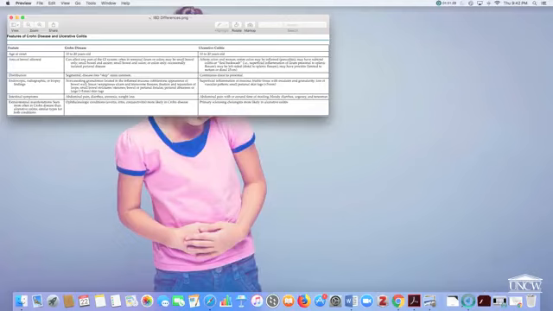It should not be your first line idea to order a $1,000 to $2,000 set of lab work, a slew of tests to search for whether or not the child has the presence of the PANCA or the ANCA, possible positive labs for these inflammatory bowel diseases.